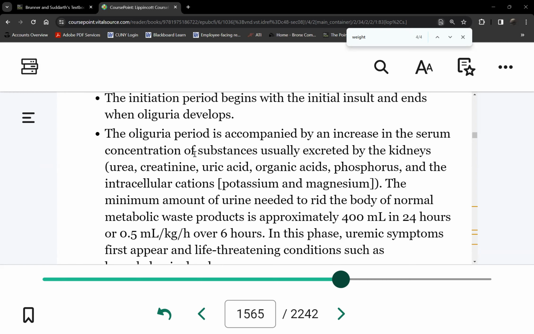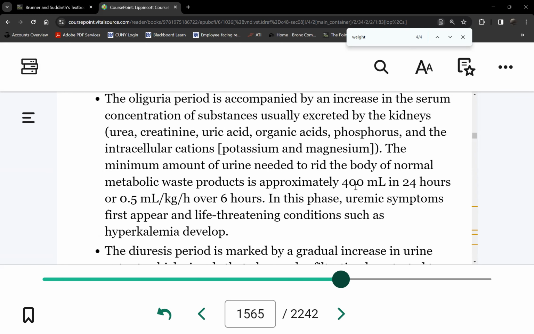Also increases, and all those problems. So these are now the consequences. The patient has increased BUN and creatinine, uric acid, phosphorus, potassium, magnesium. And then what is the patient's fluid status? They're in fluid overload.